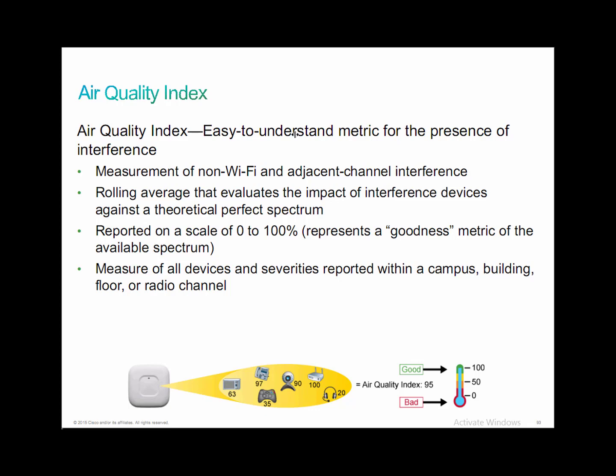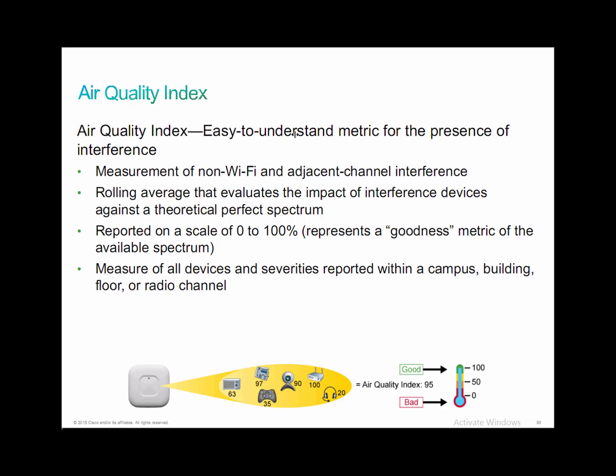For all the classified devices, the system then calculates the severity index, like we talked about on the previous slide. That gets an integer from 0 to 100, and 100 is the worst. That index is then subtracted from the air quality scale, so 0 to 100, with 100 being the best, to generate the actual air quality index for that particular channel, for the AP, for the floor, for the building, or the campus.